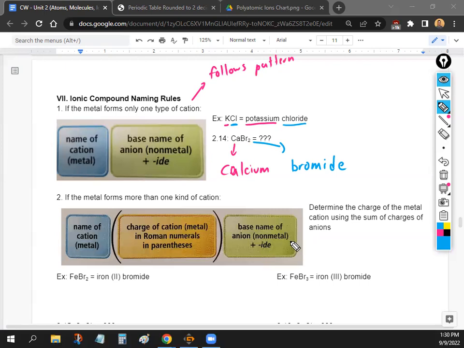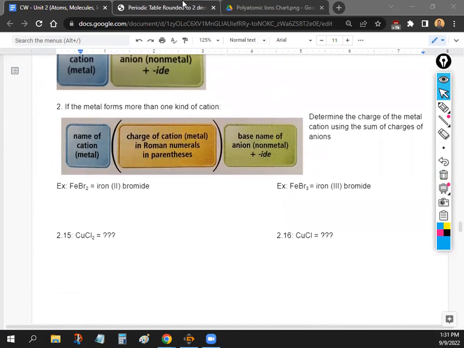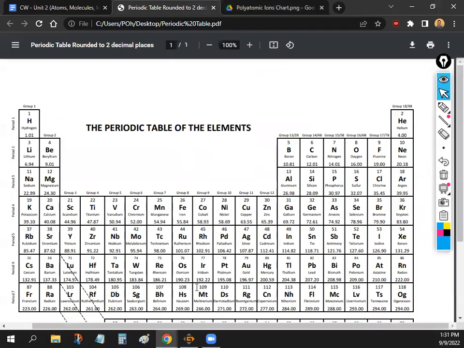Okay. The second naming rule is a little bit more complicated. You're just adding one thing on to the first naming rule. Okay, so the first naming rule is for metals that form only one cation. So the things that follow the pattern. We said earlier with the transition metals, the metals in the middle, that these guys right here can have multiple variable charges, right?